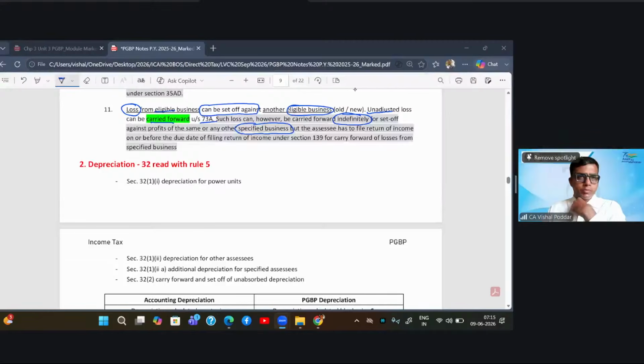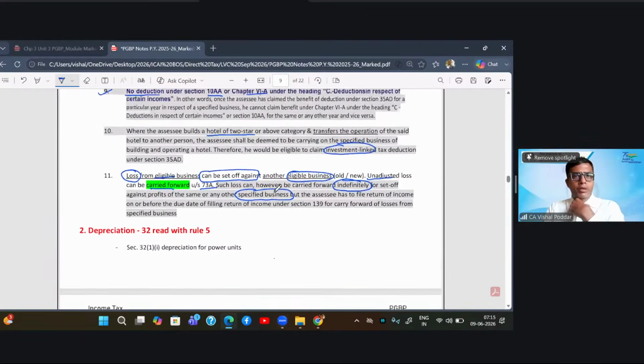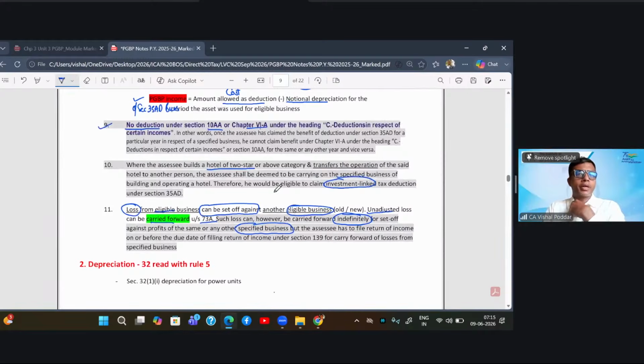Anshul is saying, sir, please explain point 10. See, point 10, Anshul, is now in case of hotel business, let us say I have invested by creating that entire hotel building and setup. So I spent 100 crores in creating that entire hotel or resort, which is eligible for 35AD business. But I have no knowledge of running the hotel.